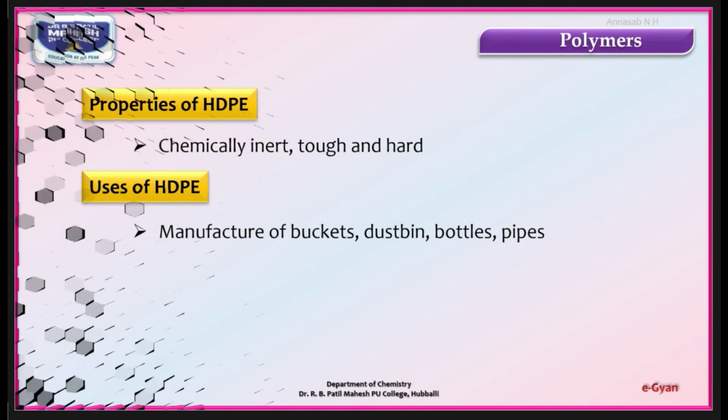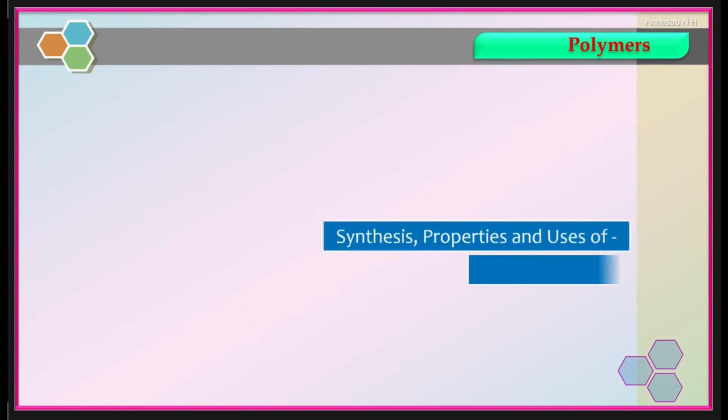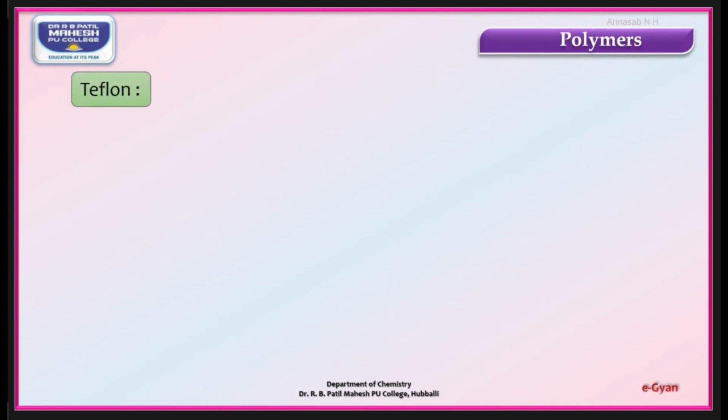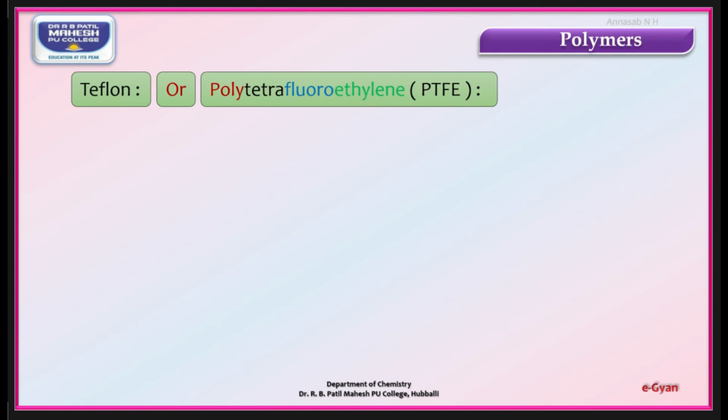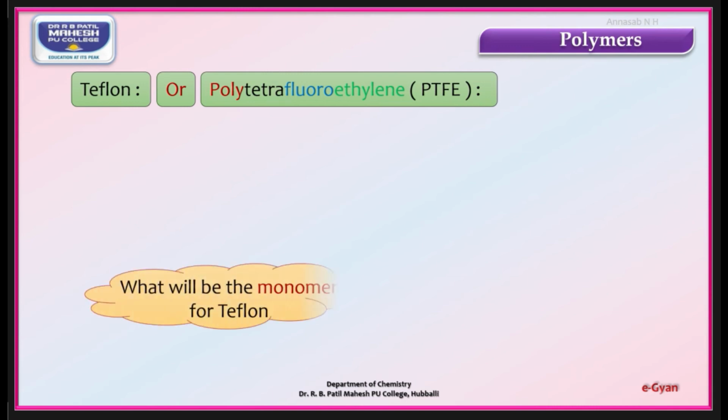Moving further, synthesis, properties and uses of Teflon and polyacrylonitrile. Teflon is also known as polytetrafluoroethylene. The monomer for Teflon is tetrafluoroethylene.